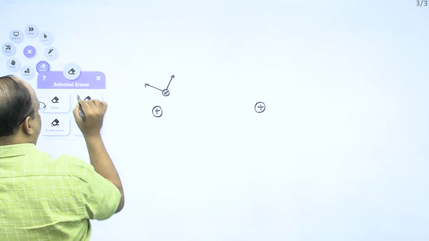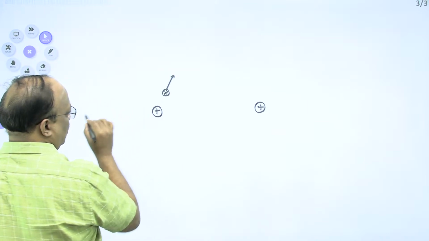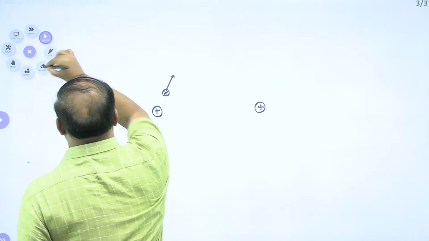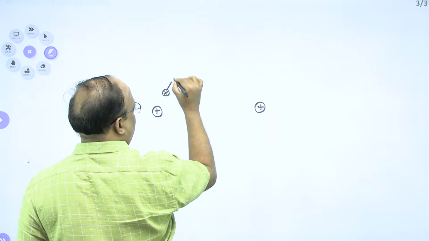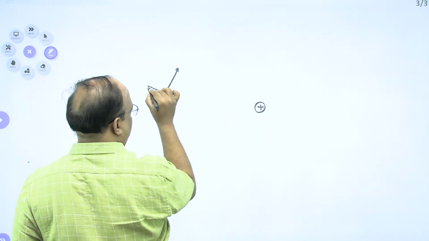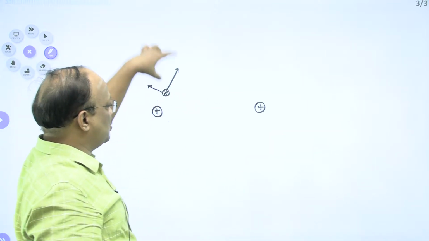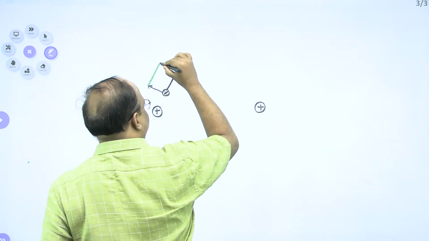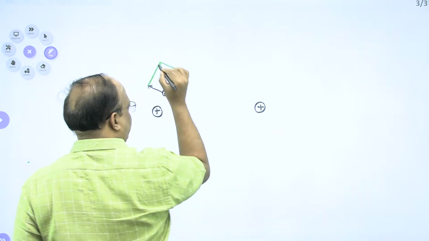Of course, it will be smaller in length compared to this, because the force will be more here, whereas the force will be less here. Vectorially, if we represent, force is less here, force is more here. So the vector sum of these two will take it in this way.